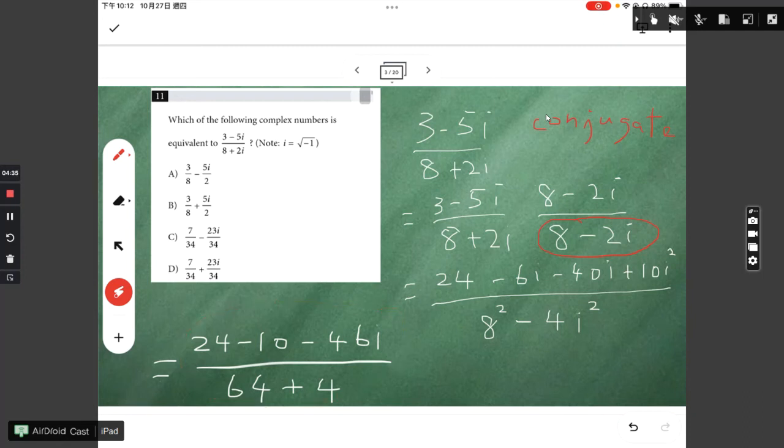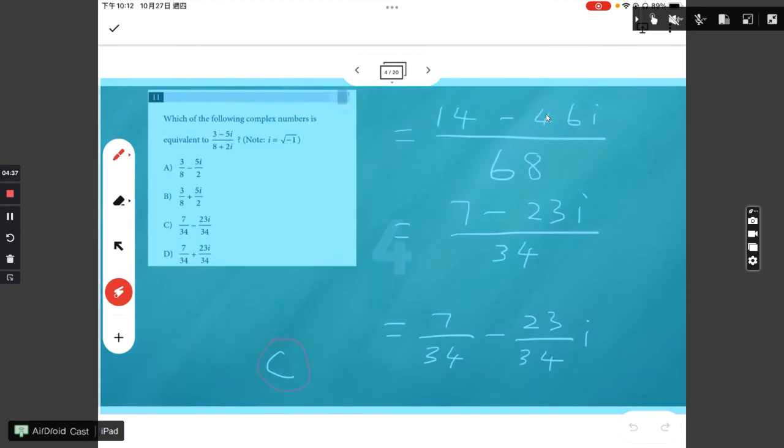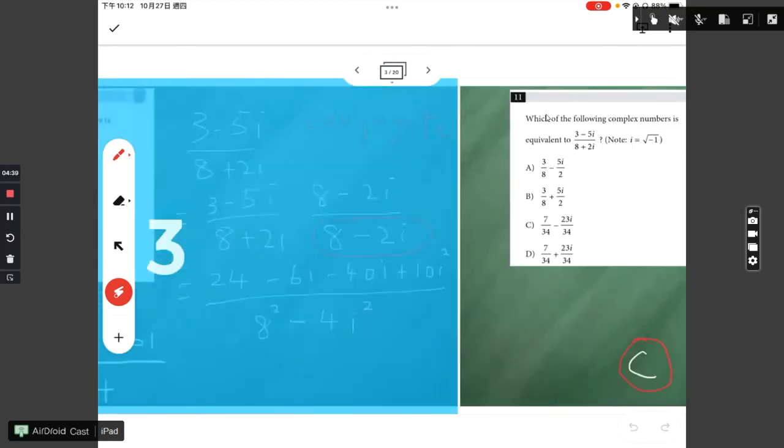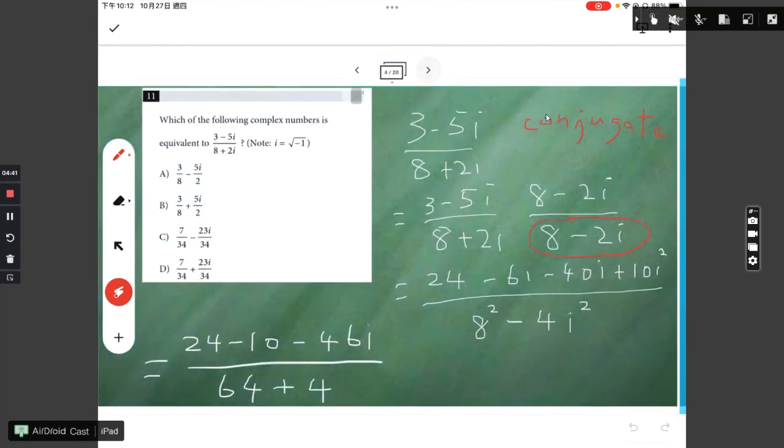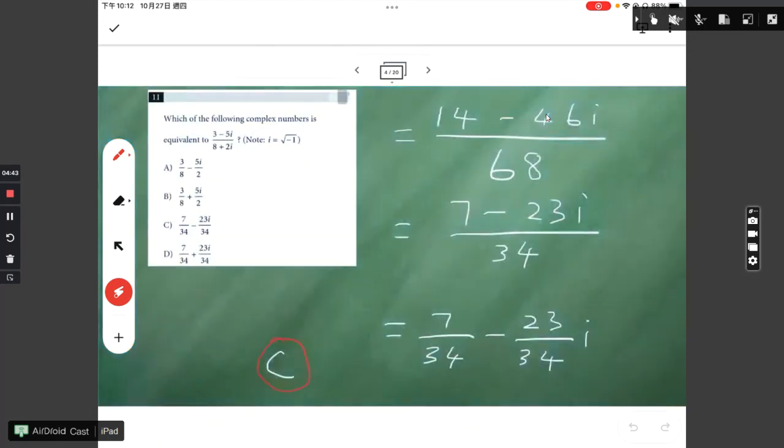We can simplify this further. 24 minus 10 is 14, then subtract 46i, divided by 68. There is a common factor of 2, so you divide every term by 2.